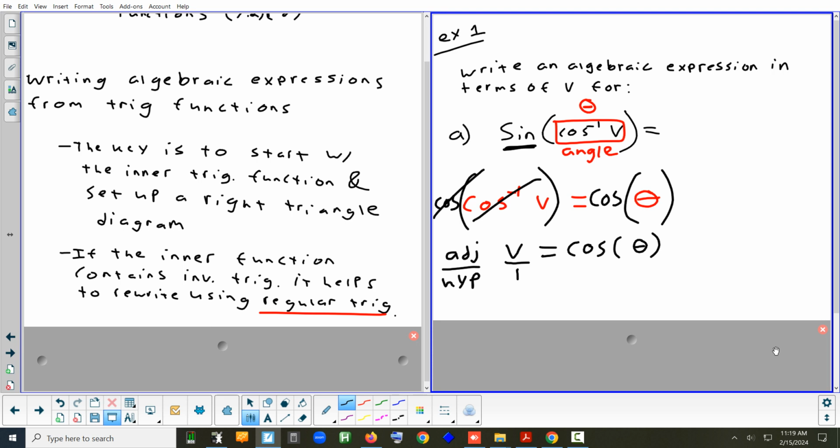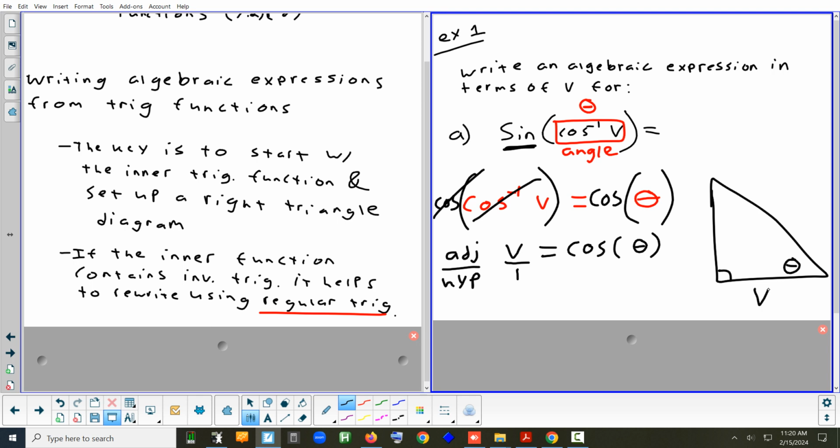So now look at what this is telling us. Since we know the cosine is v over 1, we're really getting two sides that we're going to label in a triangle. What two sides is the cosine telling us? Adjacent and hypotenuse. What is it telling us about the adjacent? What is it supposed to be? V. It's supposed to be v.